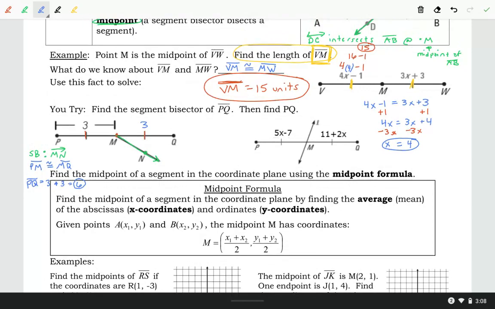Okay, so our next problem, again, we identify that M is our midpoint. We have two congruent parts.